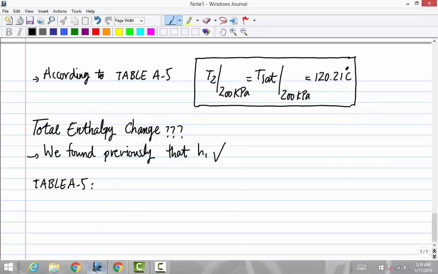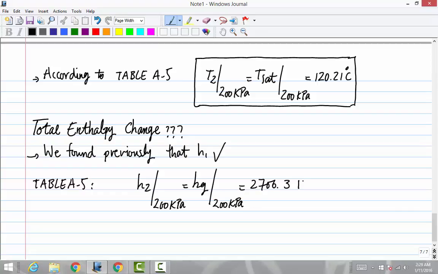Therefore, H2 at this pressure equals Hg, g means gas, at 200 kPa equals 2706.3. Everything is per mass.